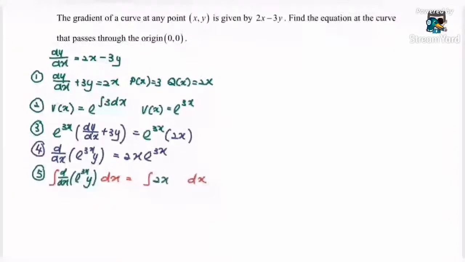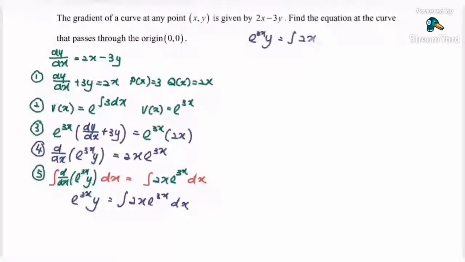So we will obtain e 3x y is equals to integrate 2x e 3x dx. Kindly refer to the right hand side, we need to use the by part method. e 3x y is equals to integrate 2x e 3x dx.